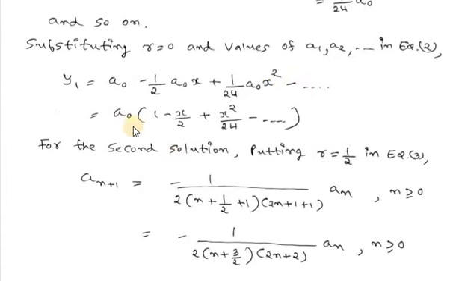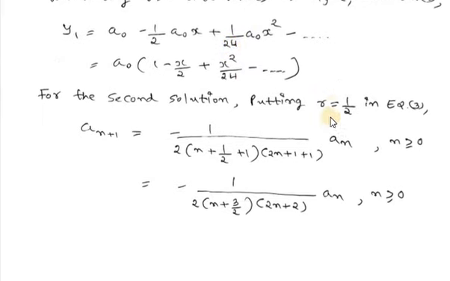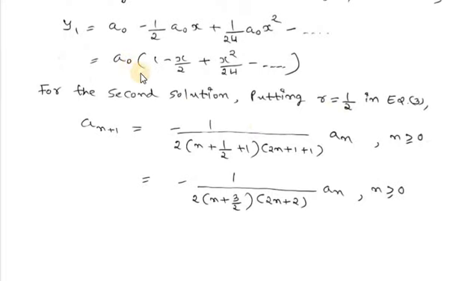Now taking a0 common, we have into bracket 1 minus x by 2 plus x square by 24 and so on. So this is the first solution for r equals to 0.